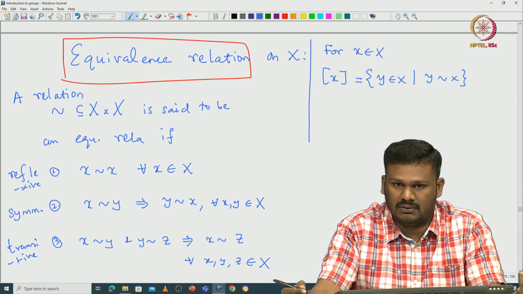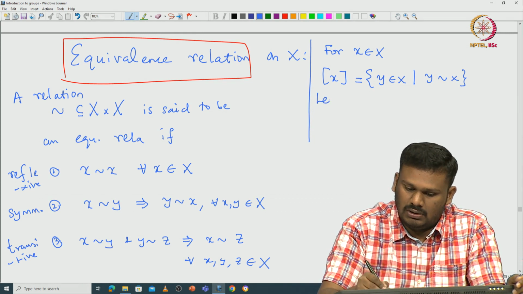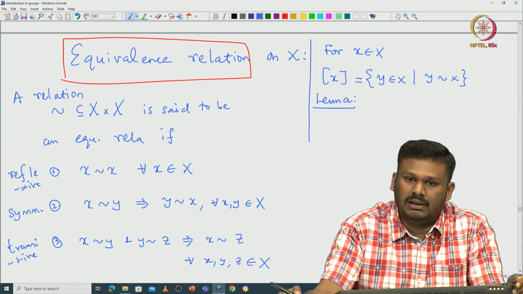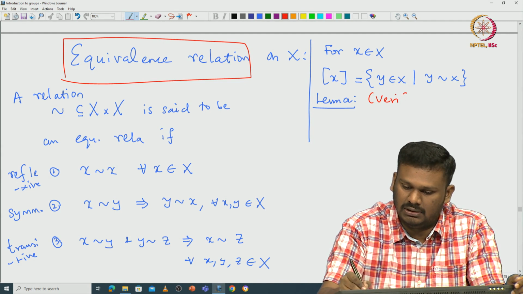So, that is your equivalence class of x, and it is not that hard to prove the following. I will state it as a lemma and leave it as an exercise. It is a very easy verification.